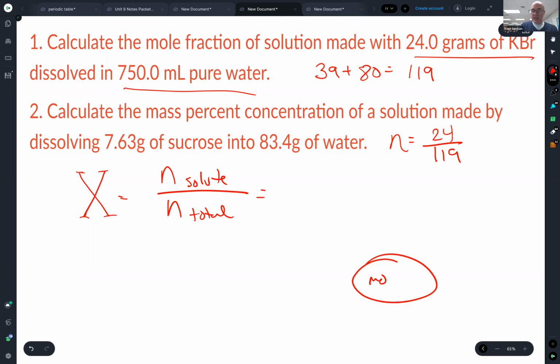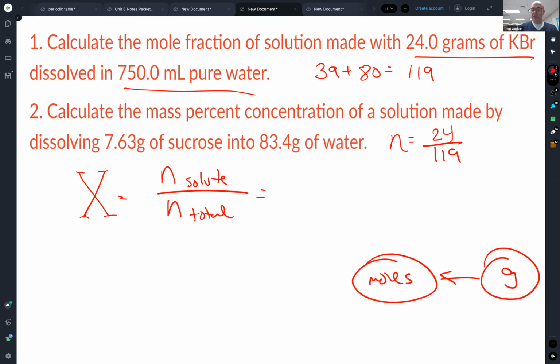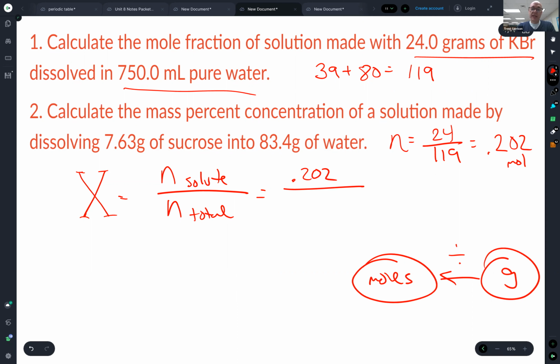Well, we have revisited the mole map, and getting reacquainted with it, when you go grams to moles, it is a division process. So 24 divided by 119, if I put it into my calculator, I get 0.2, with 3 sig figs, 0.202. That's my number of moles of solute. So I can put 0.202 in the top and on the bottom as well.